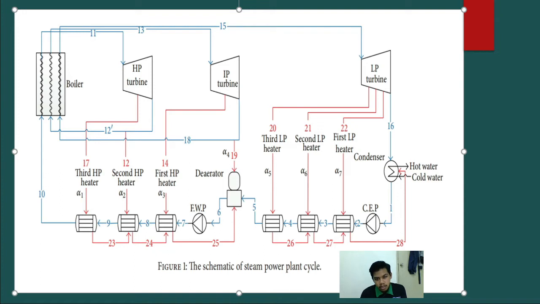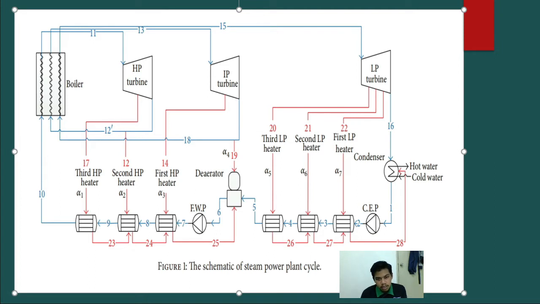The flow continues with the first, second, and third high pressure heater before entering the boiler. From the boiler, the process will enter the high pressure turbine, and the flow will return to the boiler reheater. This process will repeat with the intermediate pressure turbine IP and the low pressure turbine LP.